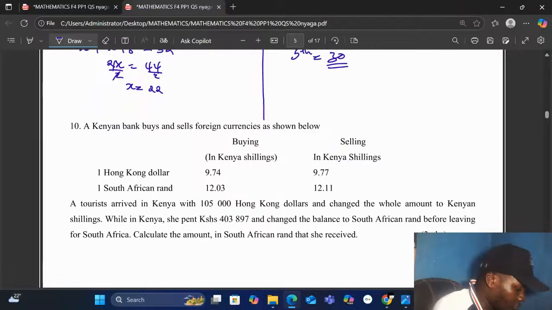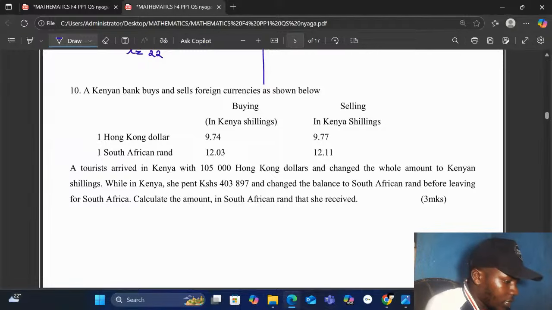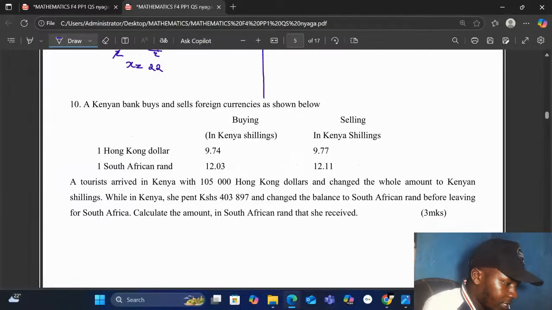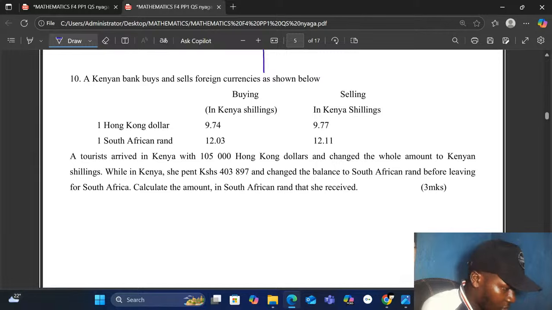We move to the 10th question. A Kenyan bank buys and sells foreign currencies as shown below. So on the buying and selling columns, you have one Hong Kong dollar and one South African rand at the exchange rates, as you can see. Now there is this tourist who arrived in Kenya with 105,000 Hong Kong dollars and changed the whole amount to Kenyan shillings.